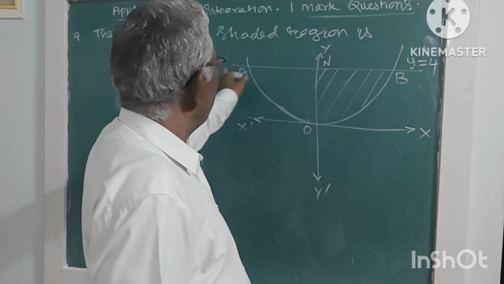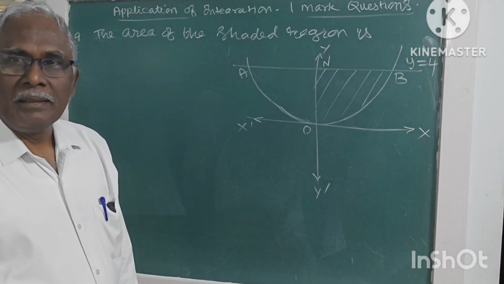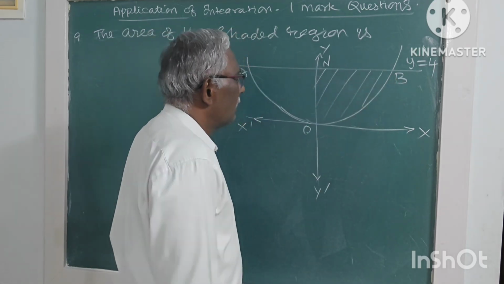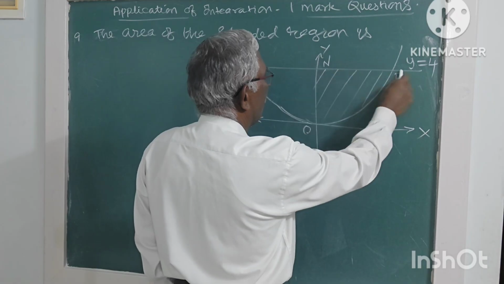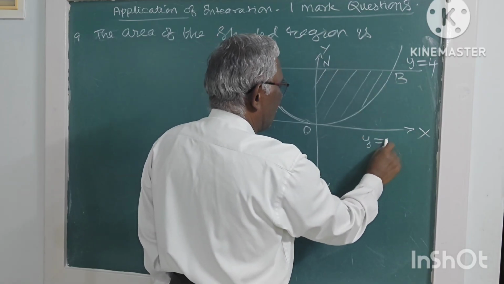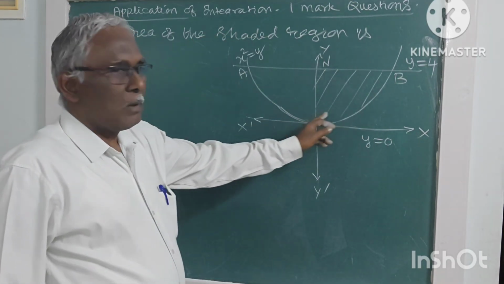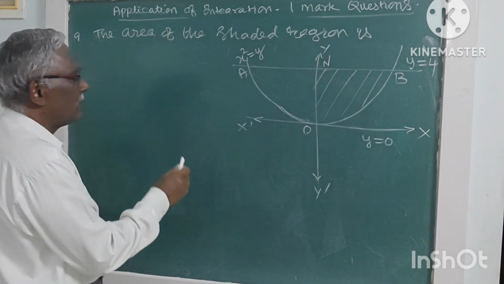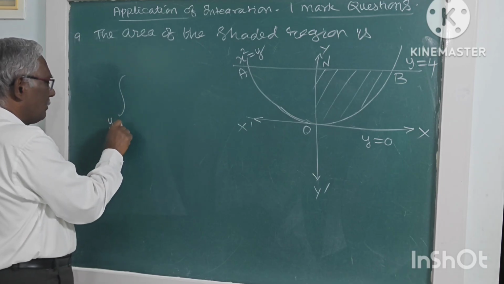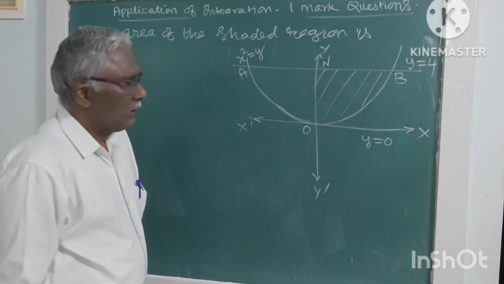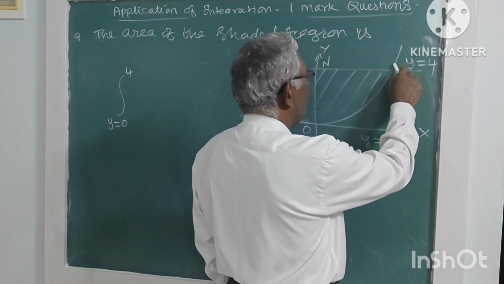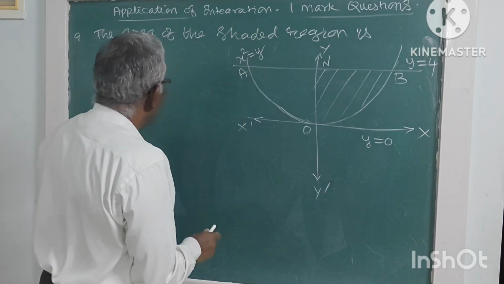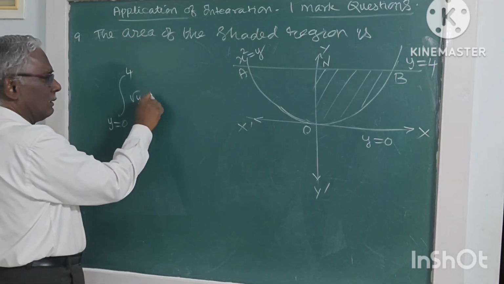Let us see. Find the area of the shaded region. So we have to find the area of this region, between y is 0 and y is 4. The equation of the parabola is x square is equal to y. So to find the area, y varies from 0 to 4. You have to express x in terms of y, root y, so root y dy.